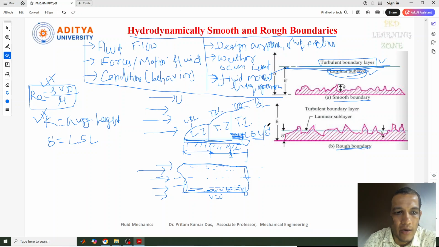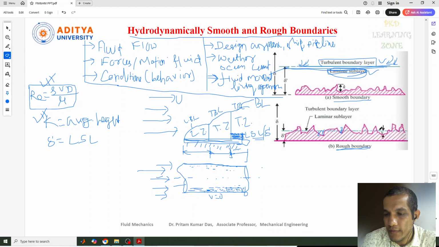Okay, so now I'll take some conditions here. At this laminar sublayer, eddy formation will be there at this turbulent boundary layer zone. Here there will be no eddy formations, but at this condition, eddies will form at this point.